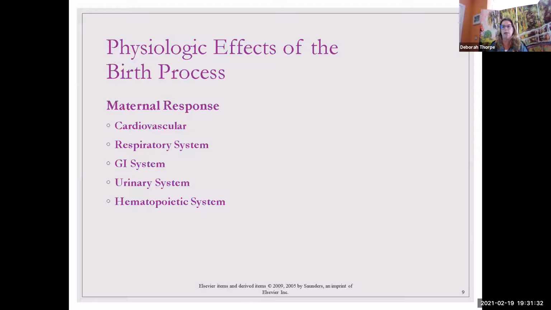GI wise, what do you think is going on with her? Now we're talking a woman who's in labor. Have they found that women are really hungry when they're in labor? No. What do you think? I wouldn't think so.